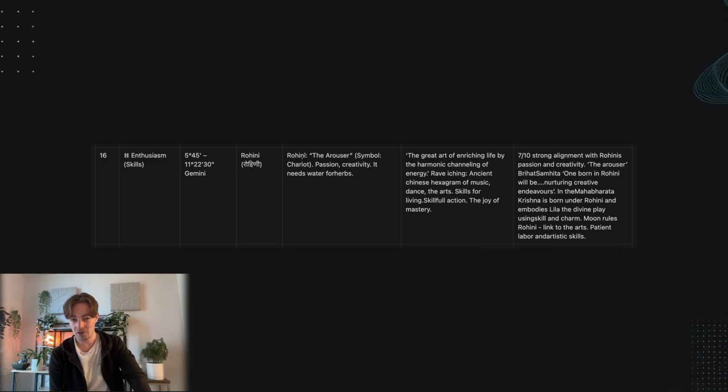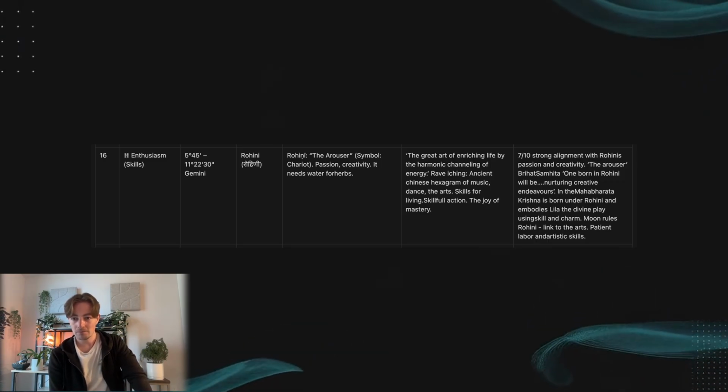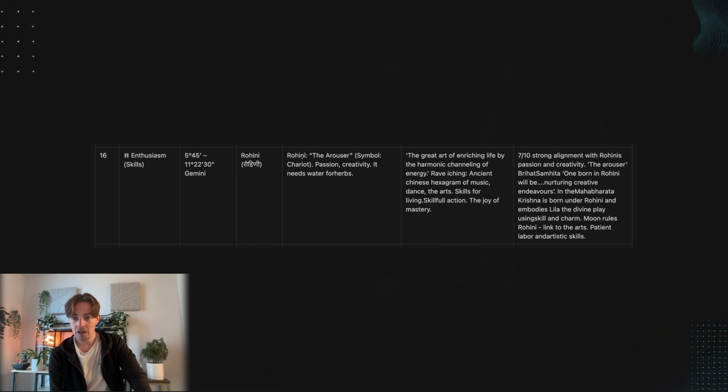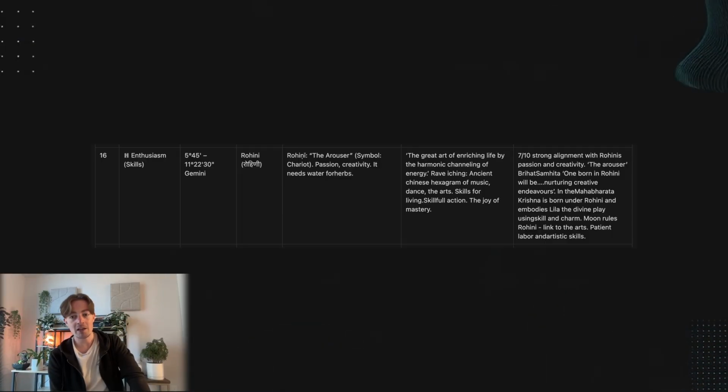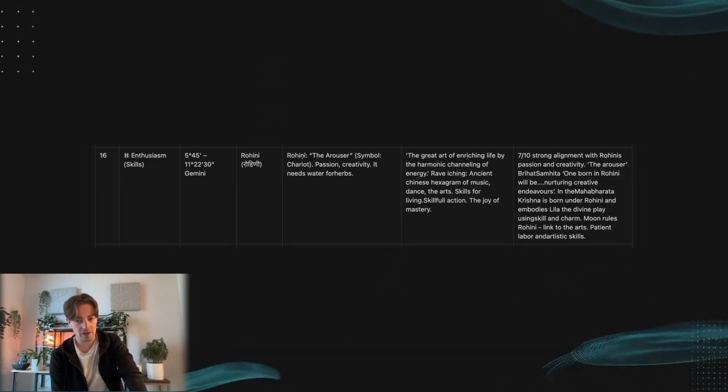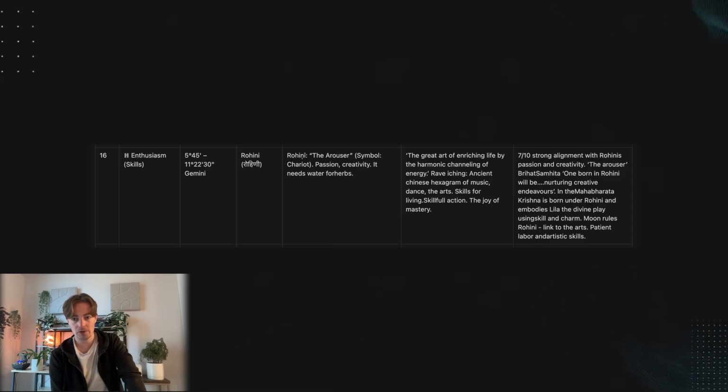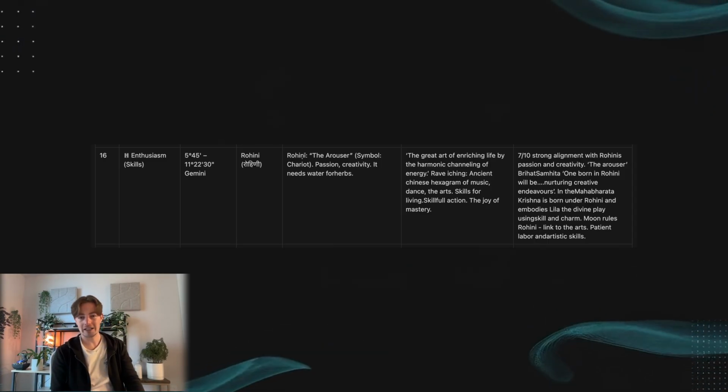So clearly it's to do with the arts and skills in the arts. In the Mahabharata, Krishna is born under Rohini and embodies Leela, the divine play, using skill and charm. The moon rules the Rohini Nakshatra, which is a link to the arts, and the moon is associated with the arts in some astrological schools. So it's about patient labor and a clear link to artistic skills.